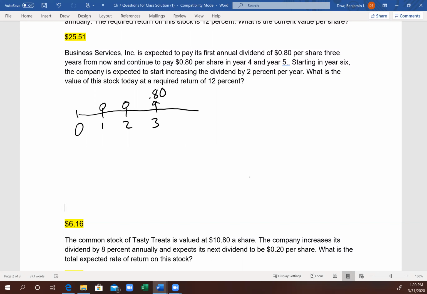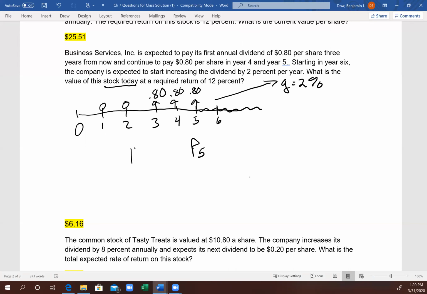Okay. Then starting in year 6, so the beginning of year 6, the company is expected to increase the dividend by 2%. And it's looking for the value of the stock today. In order to find the value of the stock today, we're going to have to find the horizon value, because the horizon value isn't given.